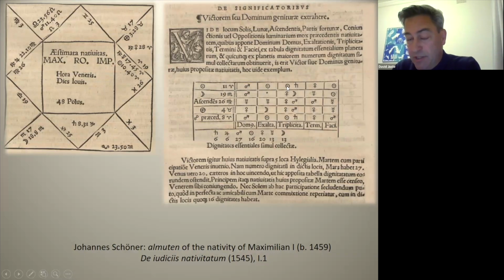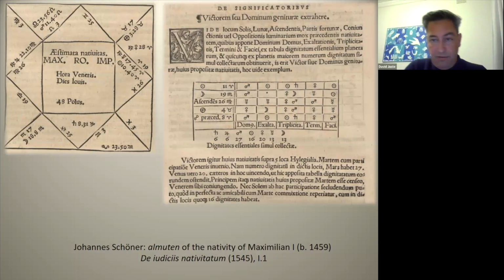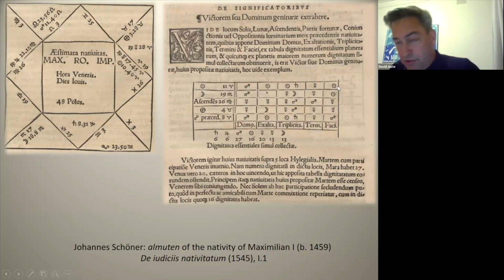And then the triplicity is the sun by day. Why? Because this is a diurnal nativity. The sun is in the 7th house above the horizon. Here it takes Saturn as the participant. So Johannes Schoner takes into account the participant. Then we have the term Venus, correct, and the decan is allocated to the sun. All this is correct. I have verified the whole table.